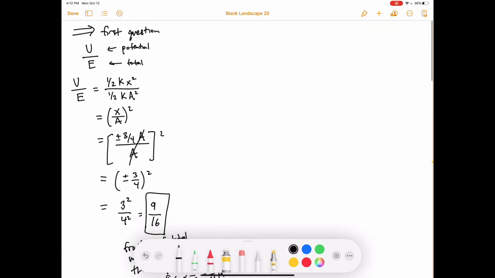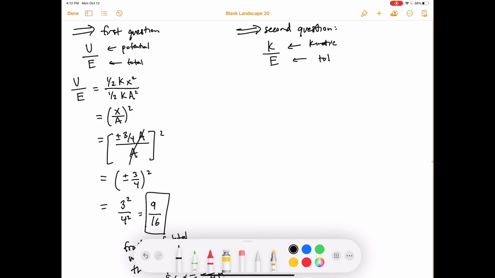So the second question: what fraction of the total mechanical energy is kinetic? So now we want kinetic divided by the total. That's the fraction we're interested in.